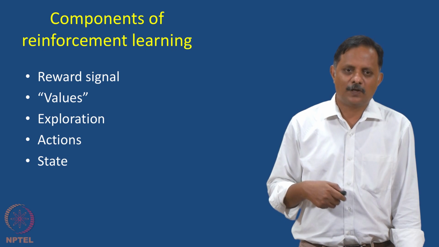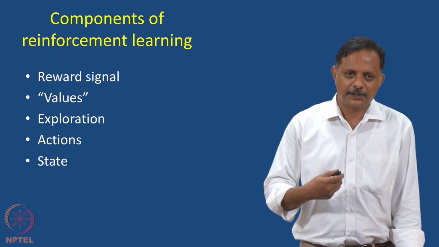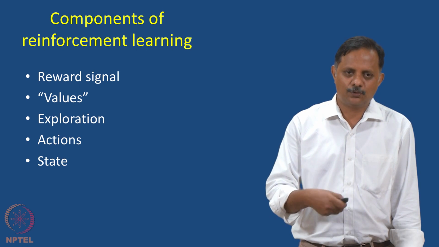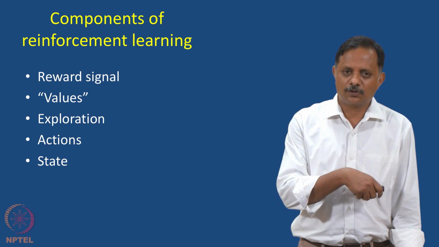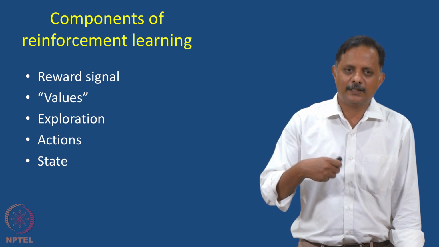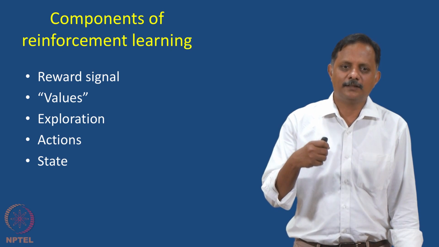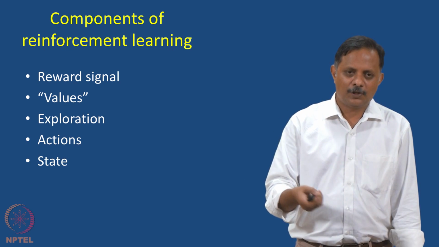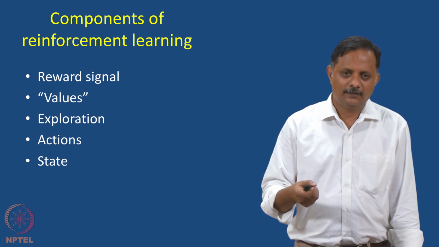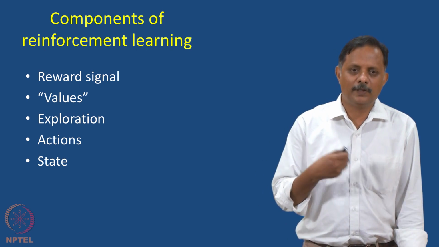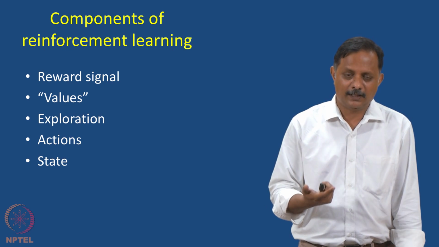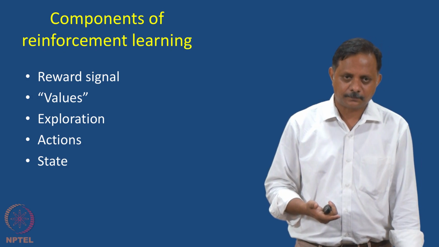So it involves a reward signal, because only when you get a reward or punishment will you know whether the action is good or bad. Then there are values. These are the weightages that we were talking about earlier, which are like surrogates to reward, because reward is something that you get after you performed an action, but you want to know a priori whether an action leads to reward or not. And those weightages that you build after sampling the action several times are called values.